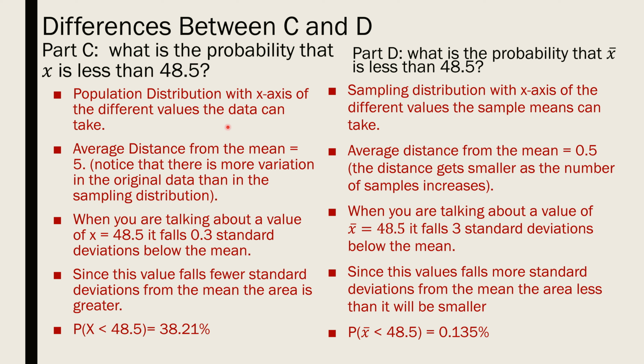Part C asks about the population distribution with the x-axis of the different values the data can take. The keyword here is data. However, in part D, which is the last question, the sampling distribution has an x-axis of the different values the sample mean can take. Pay attention, the keyword here is sample means.